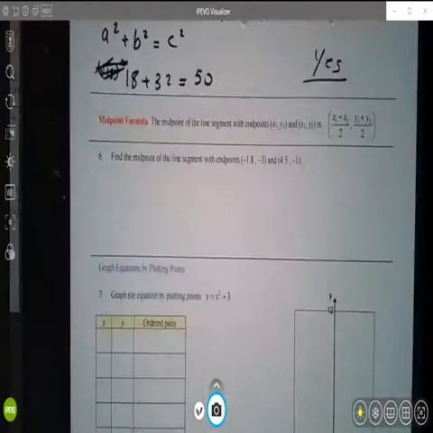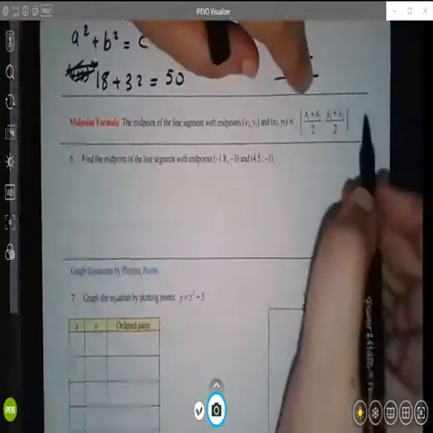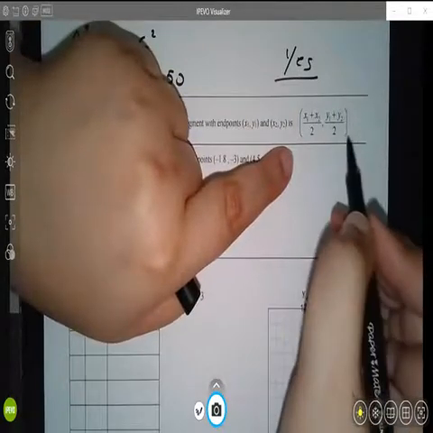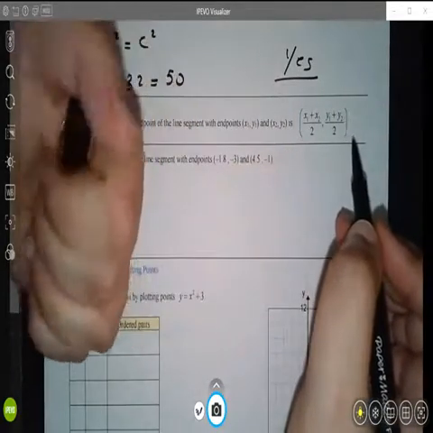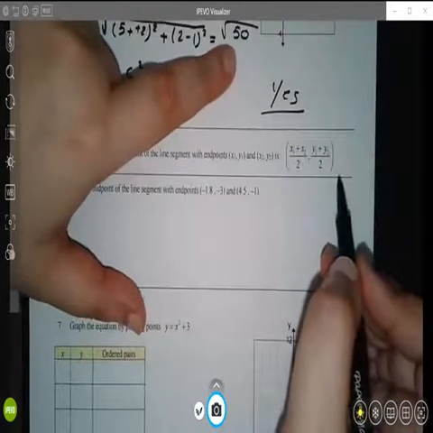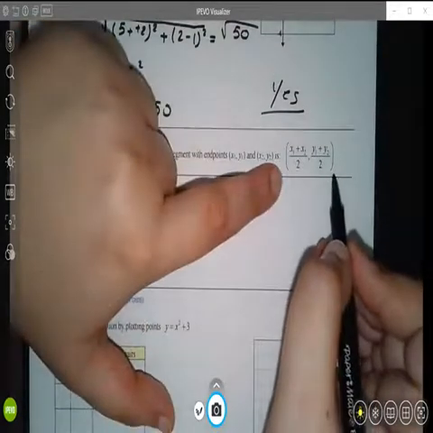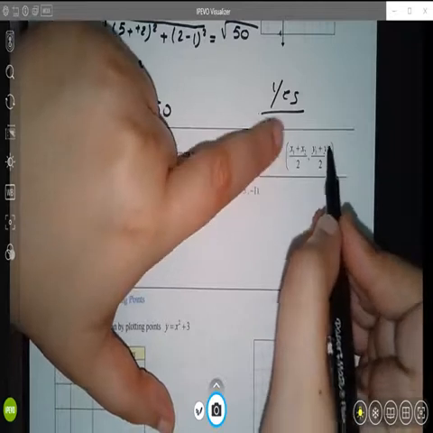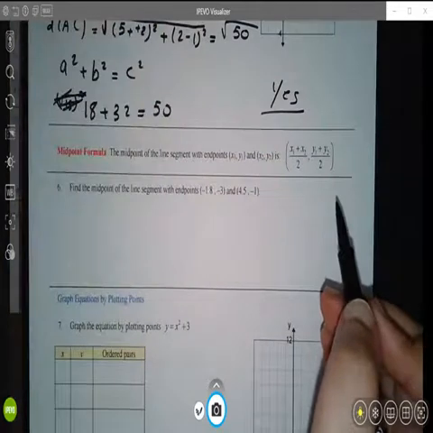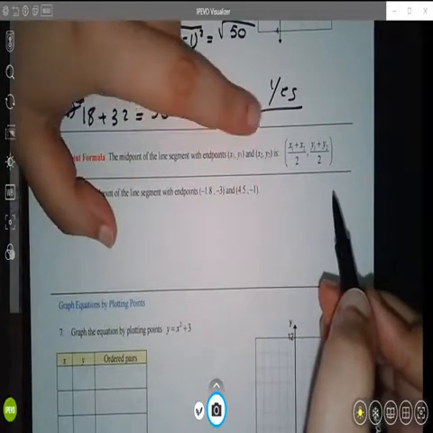So this is how you do it. This is your formula. Big pairs of parentheses because the answer is supposed to be a point. Unlike the distance, which gives you a specific answer, right? One value, the midpoint is supposed to give you coordinates of x and y values, right? Because you're looking for a point. Now again, you have 2 points.